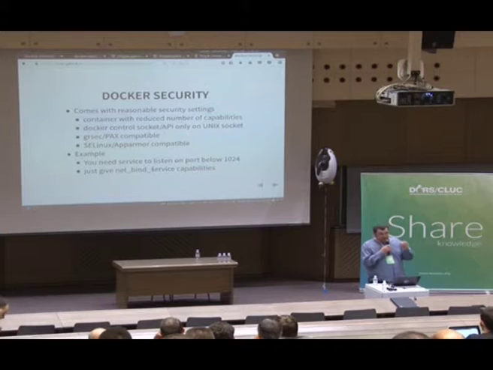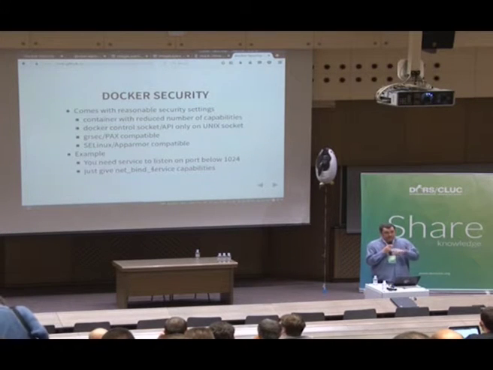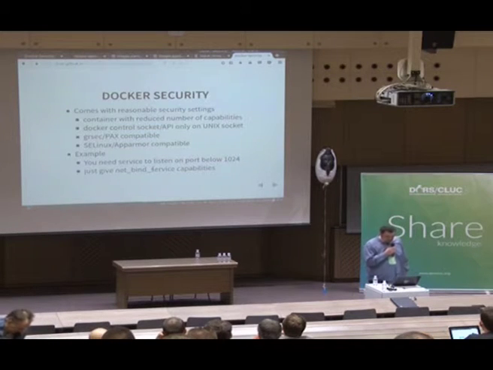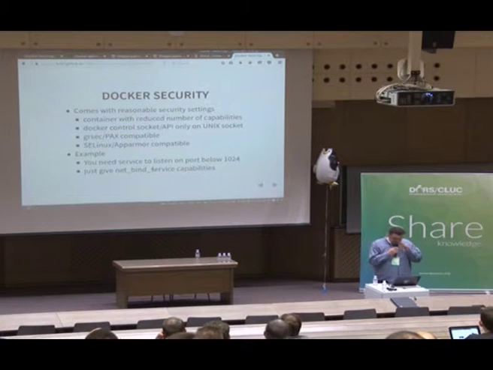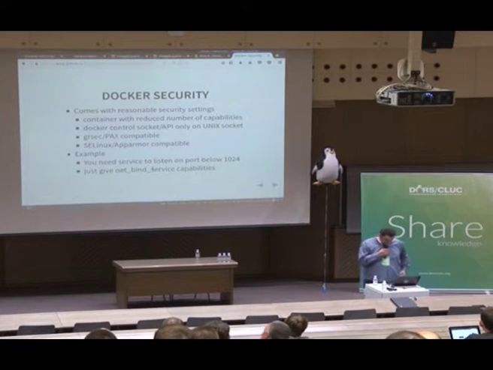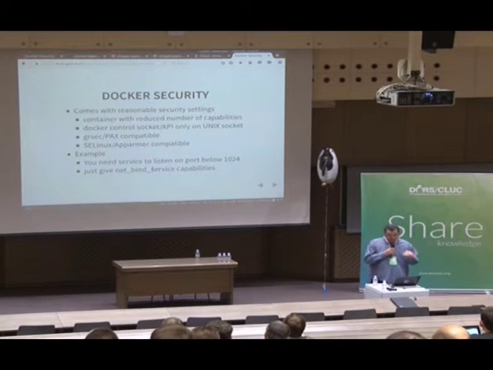And for example, the Docker control API, which every Docker client talks to, only listens on a Unix socket by default on most installations. And of course, you can also run PaX, GRSEC compatible, SELinux, and so on, AppArmor. And that means that you can actually do really additional hardening on top of it.